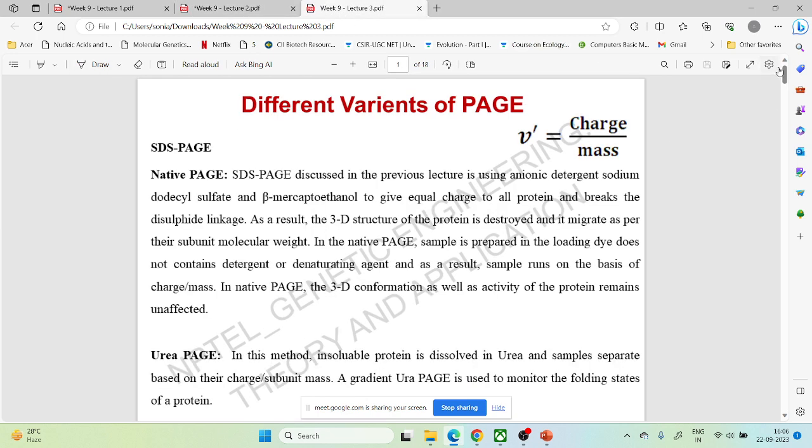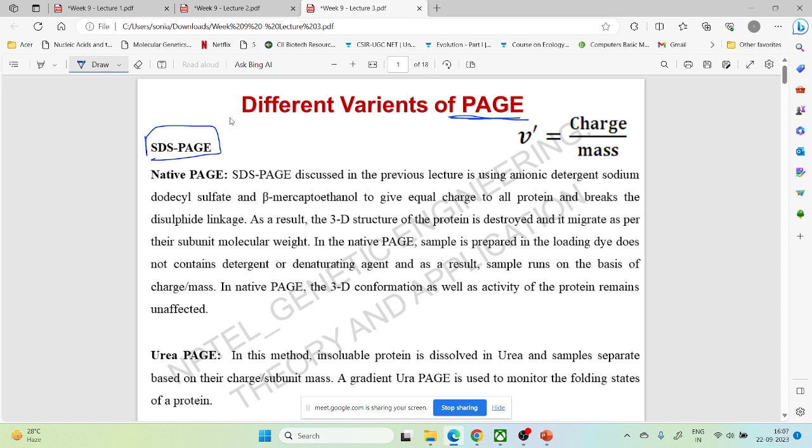Now we'll come to the different variants of PAGE. This vertical electrophoresis can have several variants. We have already discussed SDS PAGE. Basically SDS, sodium dodecyl sulfate, is an anionic detergent which imparts negative charge to the proteins, to the individual amino acids.